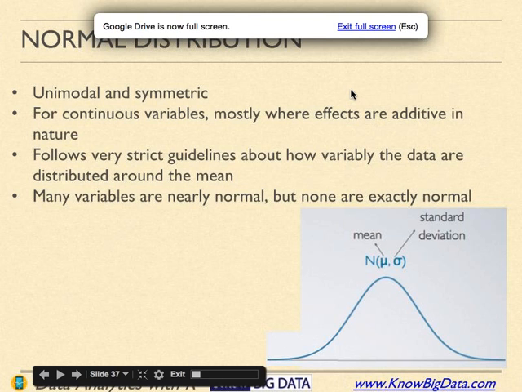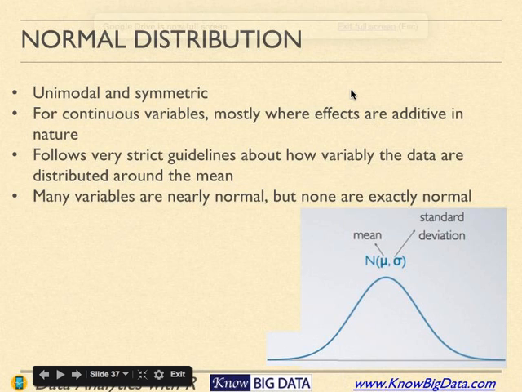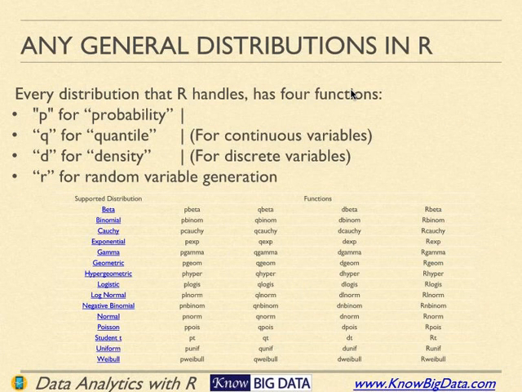You will find that many variables are nearly normal. R provides a really good set of commands to compute the various distributions. The normal distribution or Gaussian distribution is just one distribution.